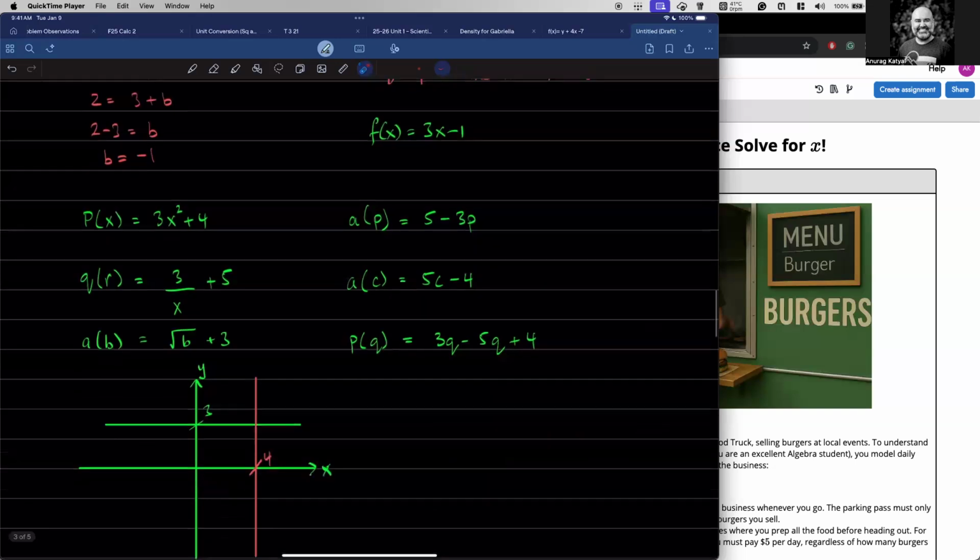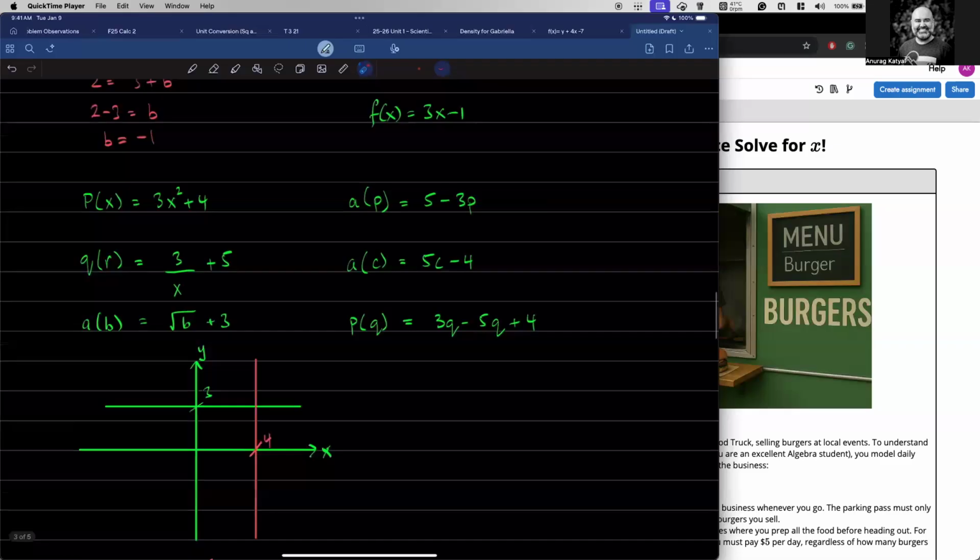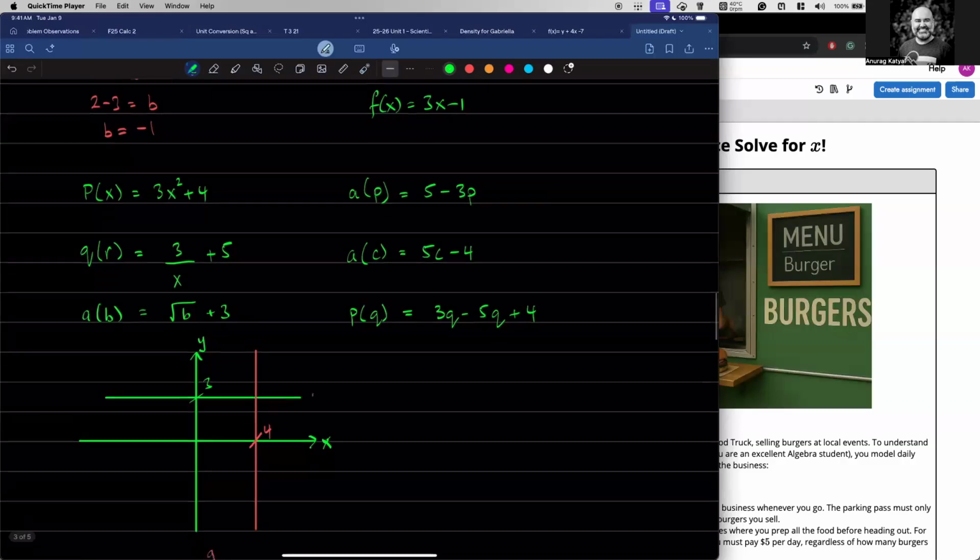I don't want to go too far. Nope, not there. There. What is the equation of the green line? Equation. Not the slope, the equation of the green line. Because it's a what type of line?